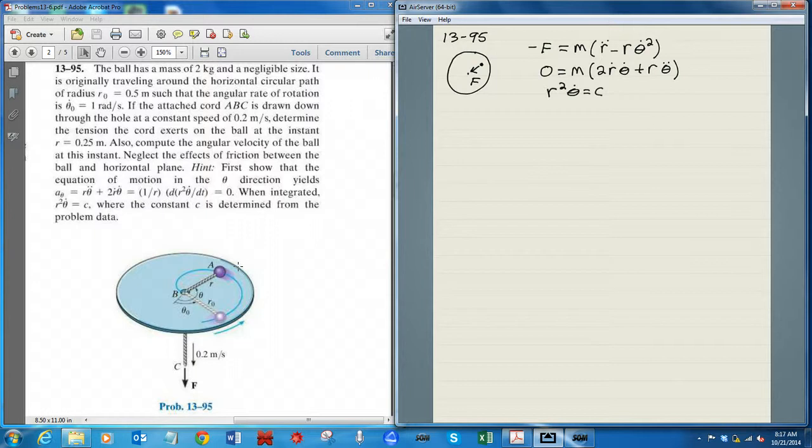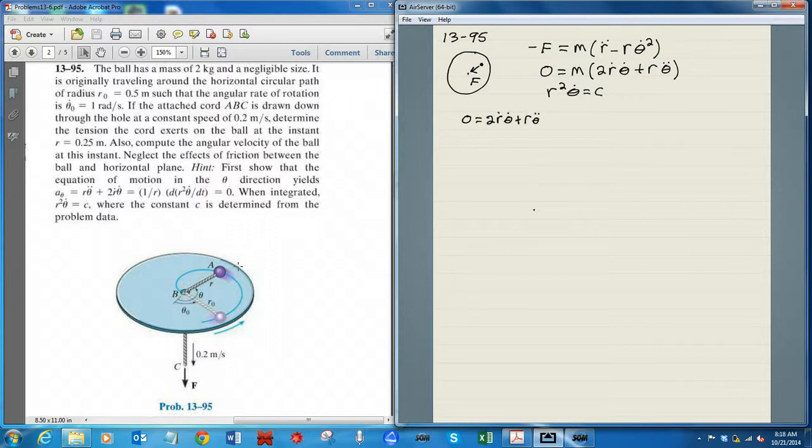What I'm going to try and do is show you where that comes from, so that you can realize it's not magic. So what I'm going to do is pick on the equation that comes from the theta direction, and I'm going to try and solve it. So what I have then is the equation 0 equals m. I'm going to divide through by the m, and I'm left with 0 equals 2 R dot theta dot plus R theta double dot.